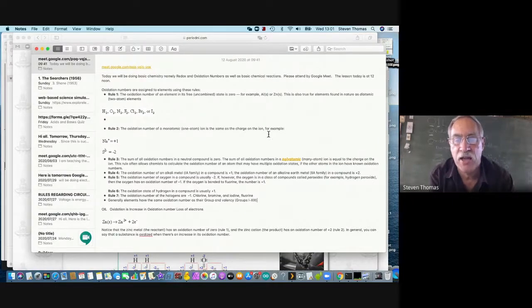So any ions have the oxidation number equal to the charge. For example, sodium's got a charge of 1+, so it's got an oxidation number of +1. Sulfur as an ion is 2-, so it's got an oxidation number of -2. The sum of all oxidation numbers in a neutral compound is 0. So for example, zinc sulfate, if you add all the numbers, it comes to 0.